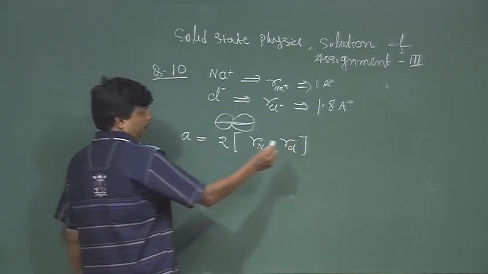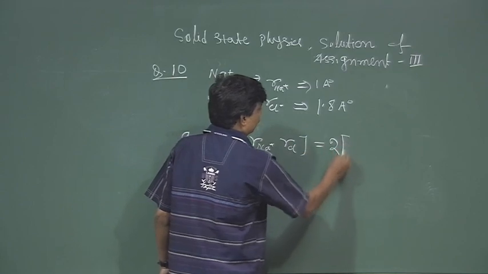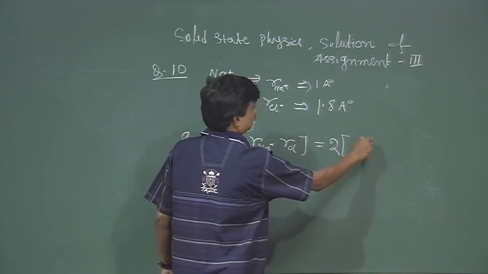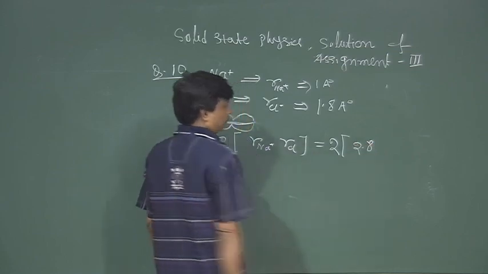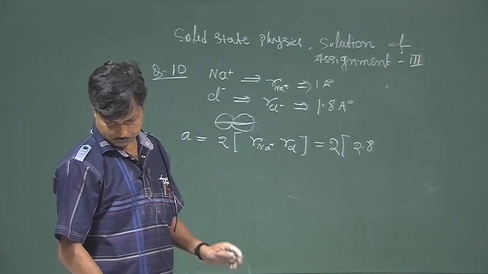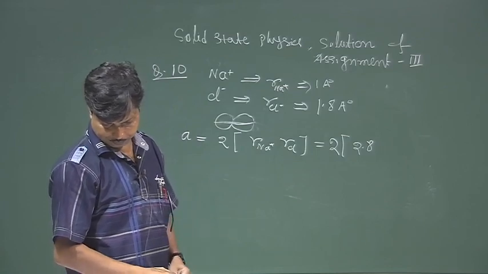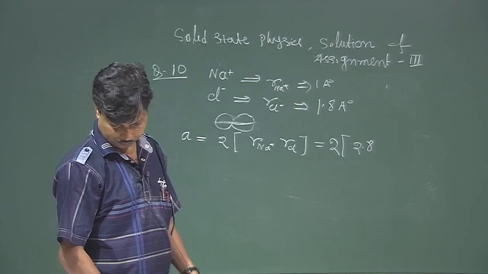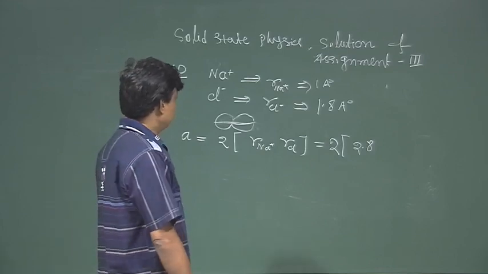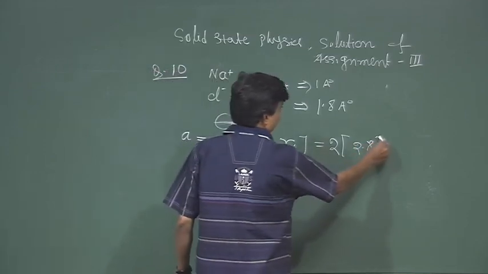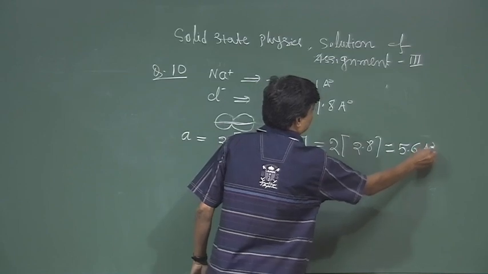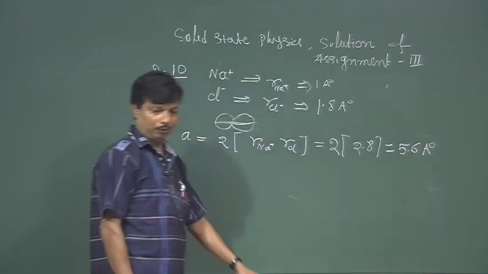So, if you calculate, you will get 2 into 2.8, that is actually 5.6 angstrom.